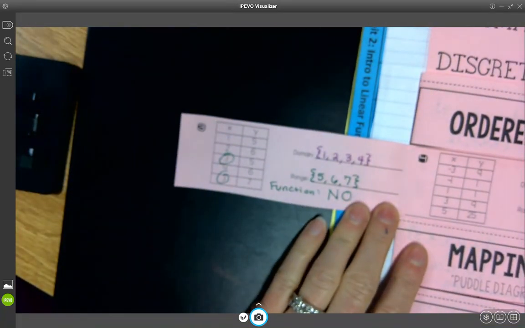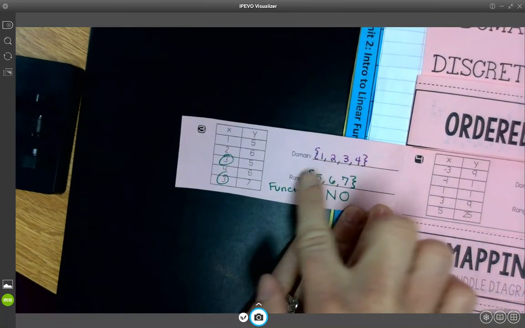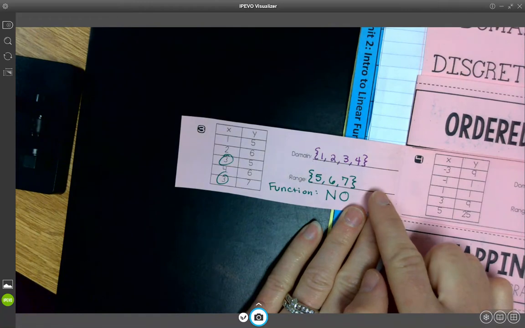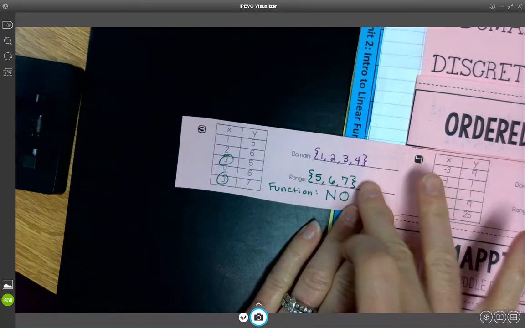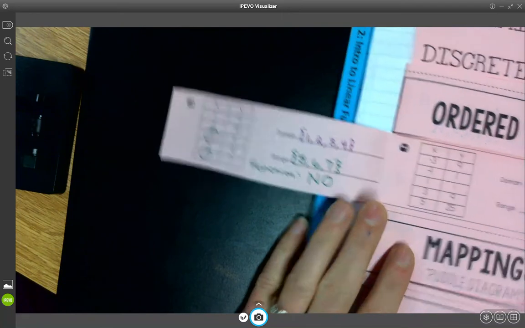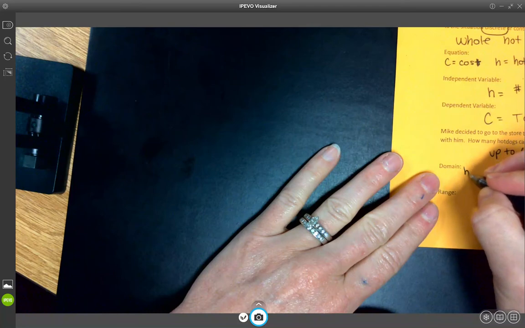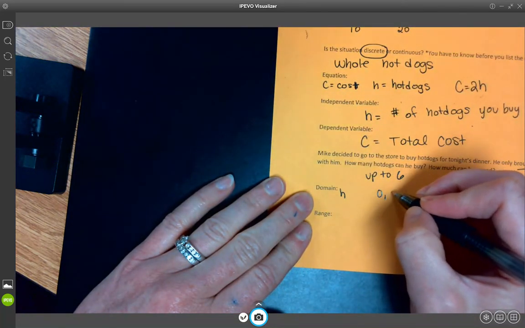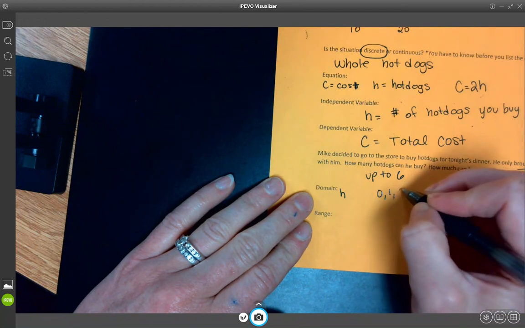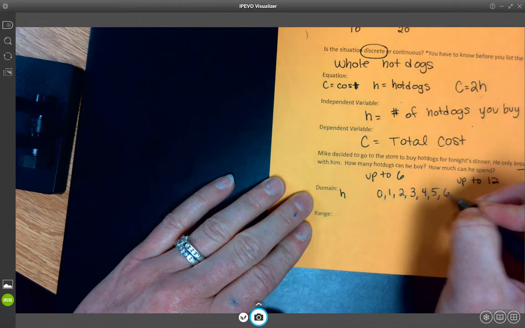How do we write our domain and range for discrete? What is this called? Just a list. We're just going to write the list. List of X's, list of Y's. So we're just going to make a list of how many hot dogs he can buy. 0, 1, 2, 3, 4, 5, and 6.